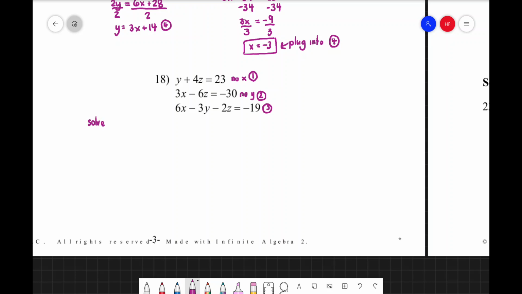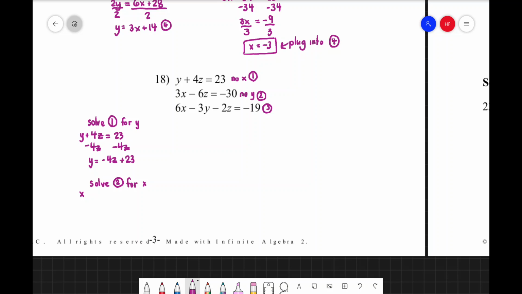So I'm going to solve the first one for y. So y plus 4z is equal to 23. Subtract that 4z so I get y by itself. And y equals negative 4z plus 23. Then I'll solve 2 for x.